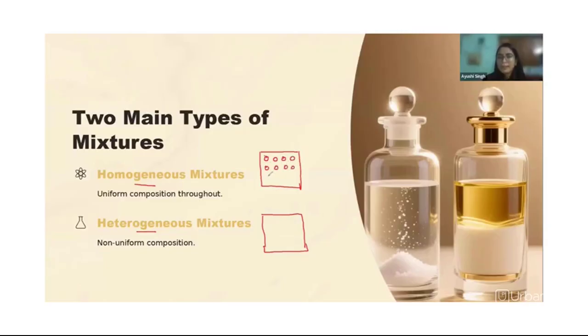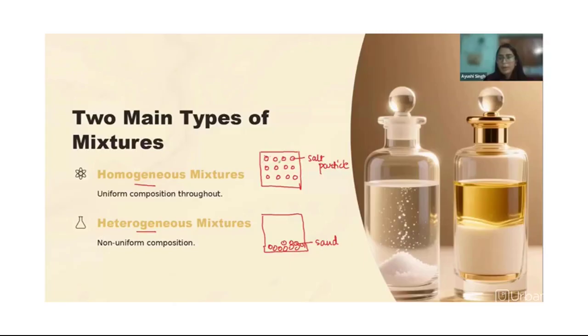So let's say this is a salt particle. And here, let's say this is sand. And both are mixed in water. Let me just change the color of the pen.